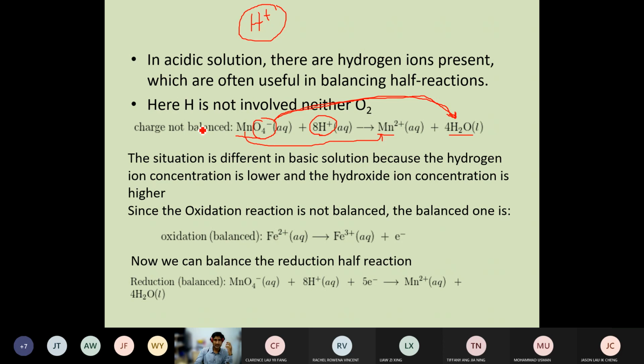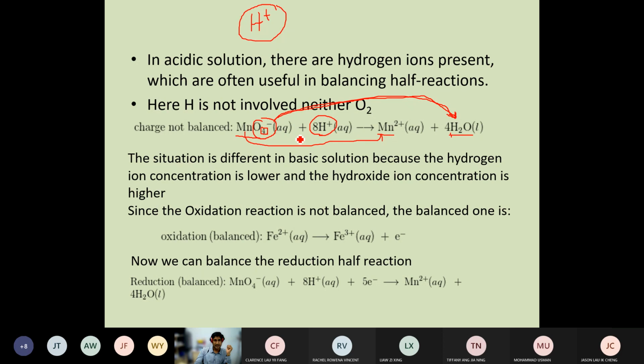I need at least 8 hydrogen atoms to produce 4 molecules of water, because in one molecule of water there are 2 hydrogen atoms. So in 4 molecules of water there must be 8 hydrogens, right? And why 4 molecules of water? Because there are 4 oxygen atoms here.